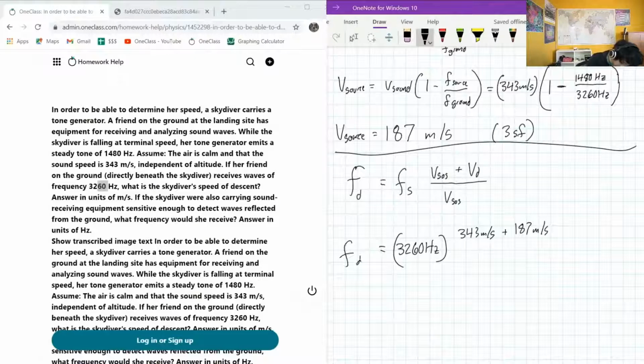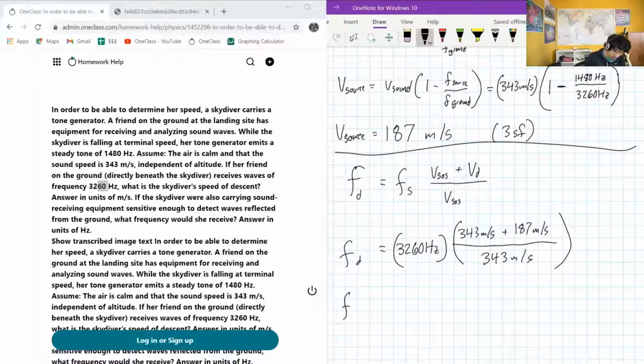So that's FD, all divided by the speed of sound, 343 meters per second. Okay, let's ask our calculator what this will give us. I expect a number larger than 3260 because when things are approaching, they have higher frequencies. So that's what we'd expect here.